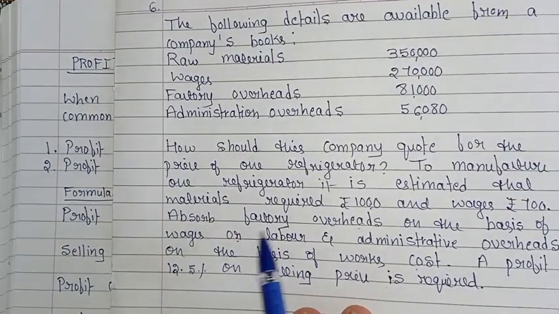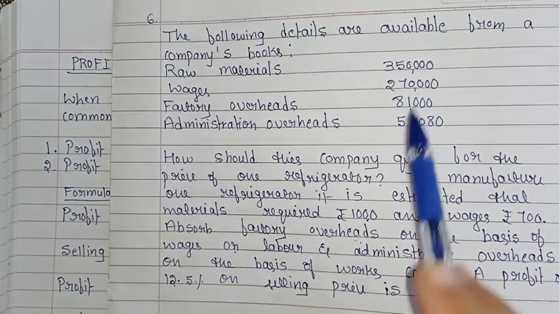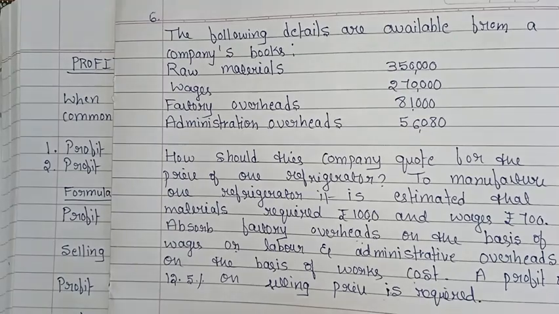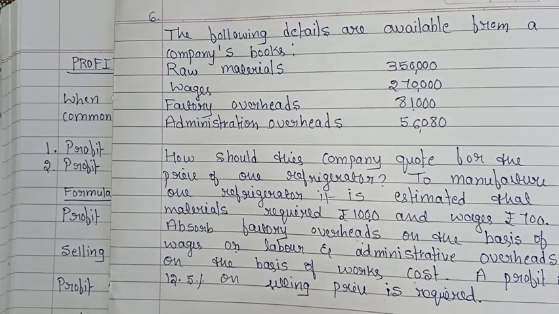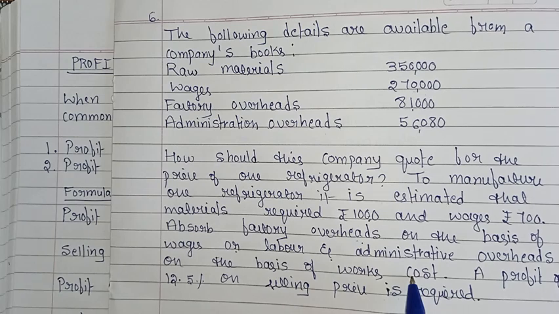And next, absorb factory overheads on the basis of wages, that is rupees 2,70,000. Then we will derive the factory overheads of one refrigerator, and administrative overheads on the basis of works cost.